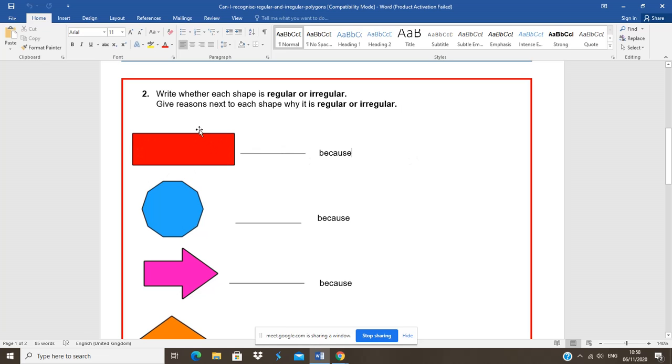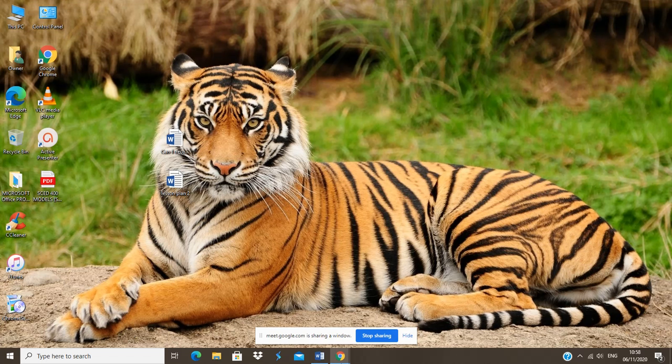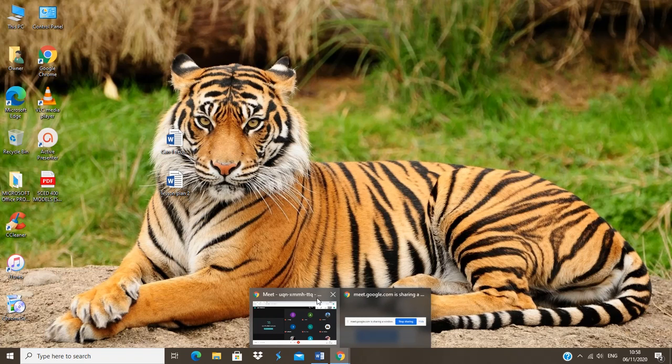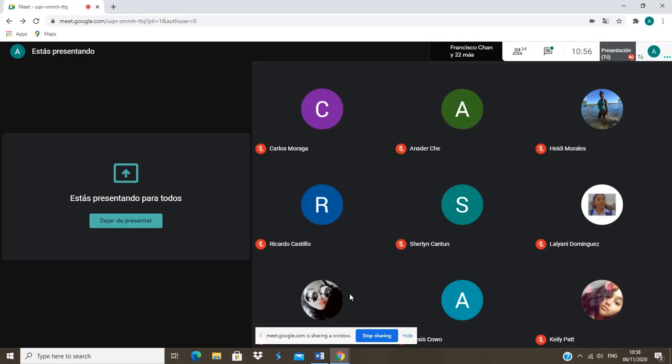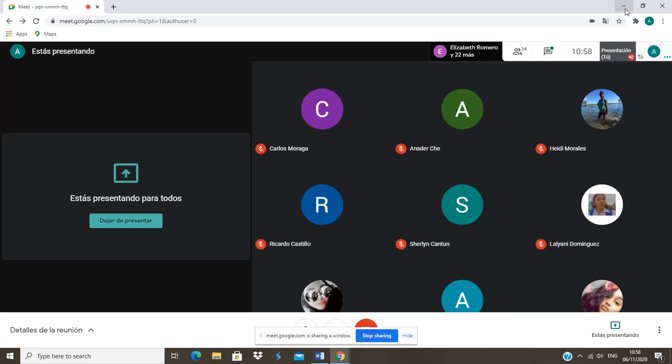So the first one is known as a rectangle. Can a rectangle be considered regular or irregular? Anybody can tell me? Irregular, sir.